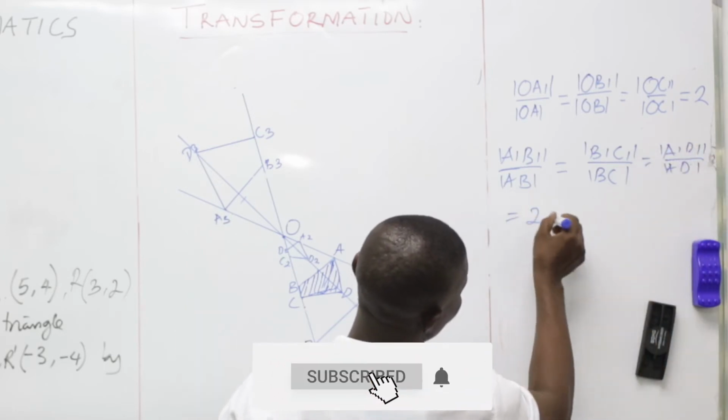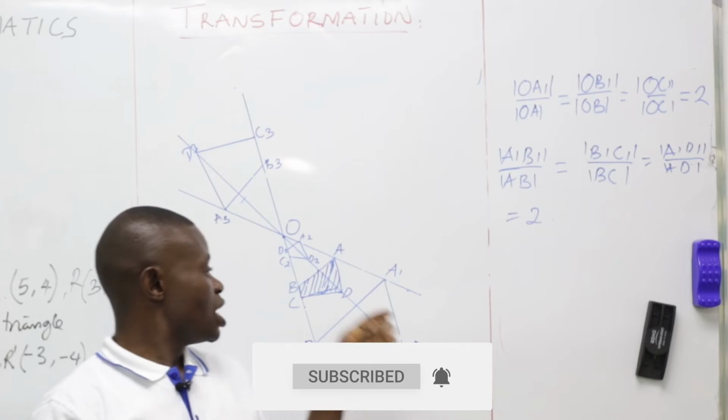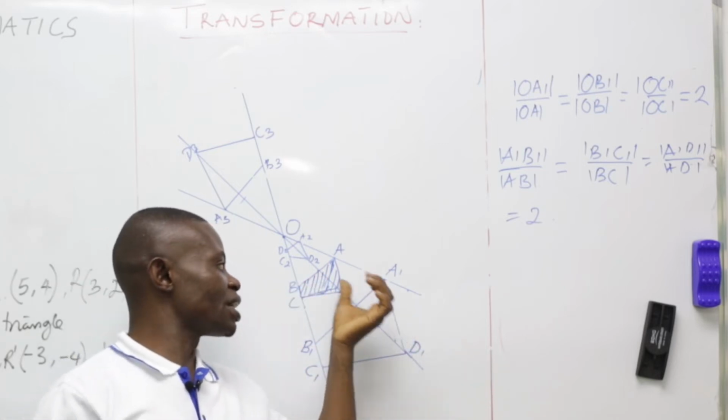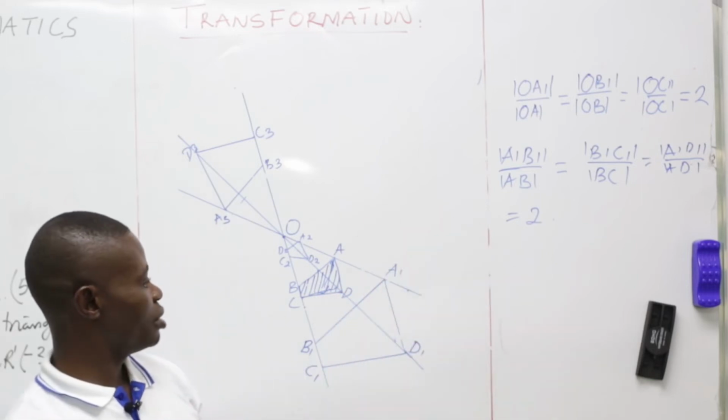Everything equals what? 2. Still meaning the image is times 2 the object.